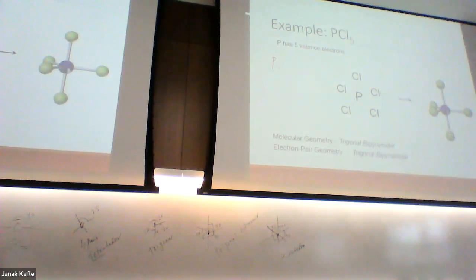Make sense? This is the central atom of phosphorus here, and these are chlorine, chlorine, chlorine, chlorine, chlorine. This is trigonal, look here at the equator, and down is the pyramid: trigonal bipyramid. The book may write it like this, but the structure is the reality. Anybody got that?